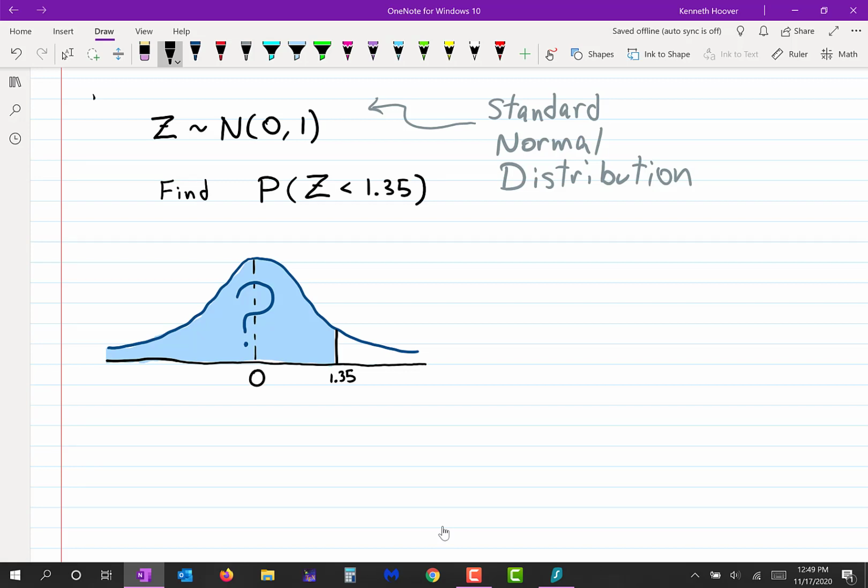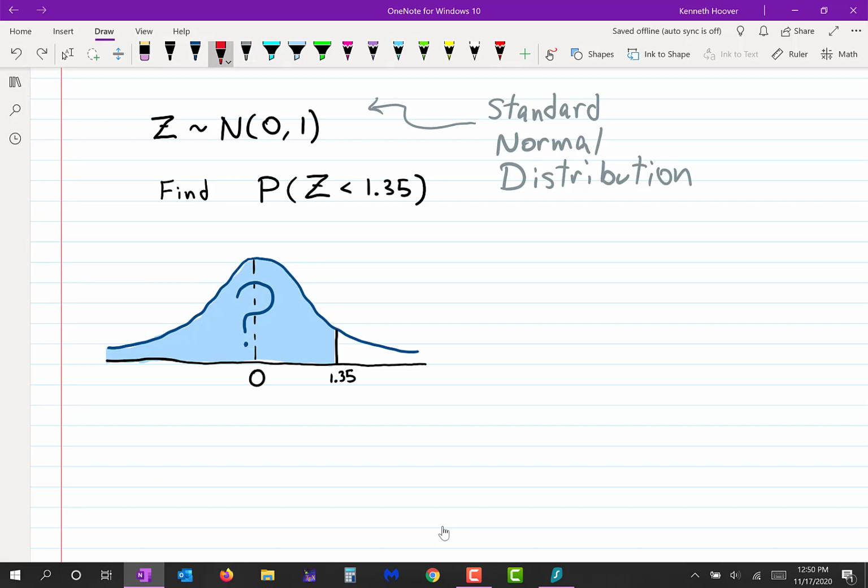Now, if the mean was not 0 and the standard deviation was not 1, then they would use an x. But when the mean is 0 and the standard deviation is 1, they always use a z for the variable. And so it's good to stick with that. Now the question is, once again, how are we going to find that area right there?